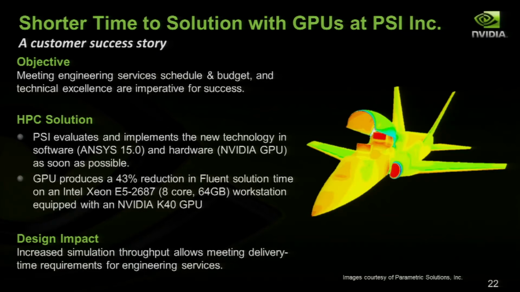Whenever ANSYS releases new software, they immediately embrace it, along with any hardware innovations. They also took NVIDIA GPUs, and they noticed almost a 43% reduction in Fluent solution time on one Intel CPU socket versus NVIDIA K40.